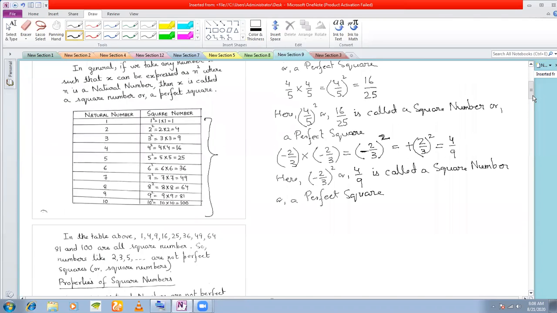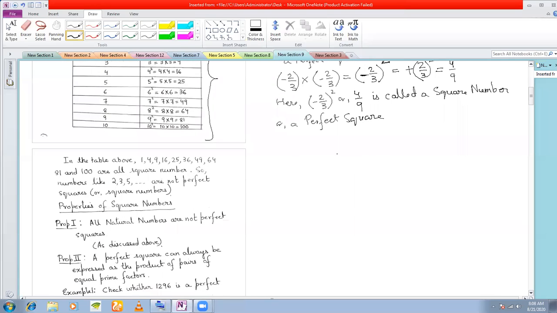Okay, now what do you see? What you see is that in case of negative or positive integers, the number 1 is a perfect square, is a square number. 4 is also a perfect square. 9 is also a perfect square. 16 is a perfect square or a square number, right? Now all these numbers are perfect squares.